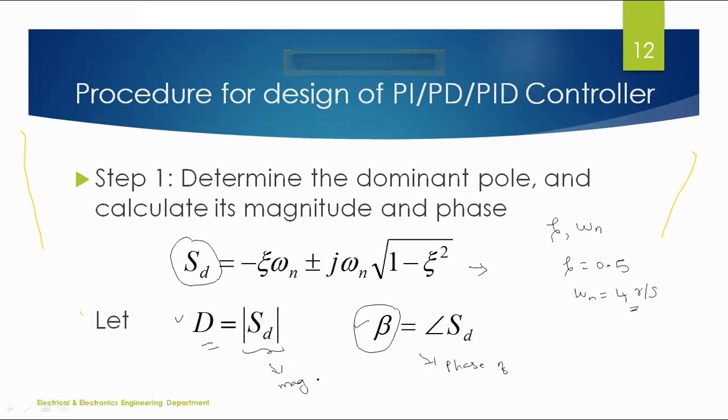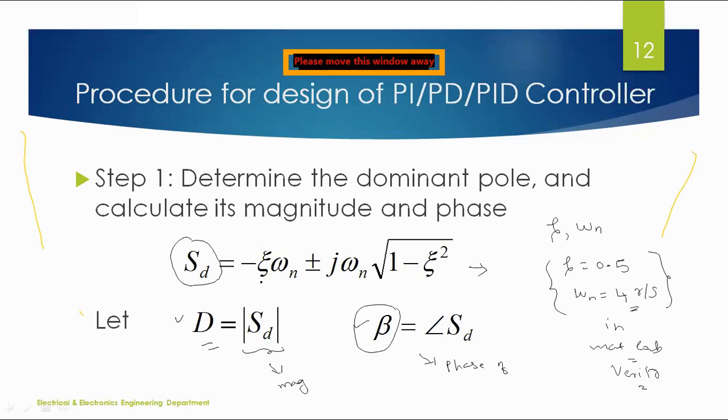That is the first step. We can also check this in MATLAB and verify the answer. So step one: using theta and omega n, we calculate D and beta.